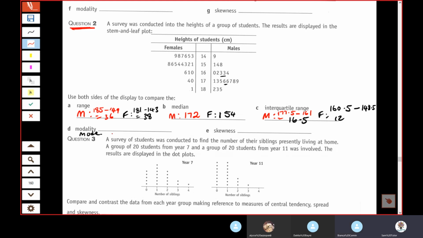So for the males, bimodal. Any repetition here? Yep, right there. For the females, it's just normal. I think it's called unimodal. Unimodal just means one.